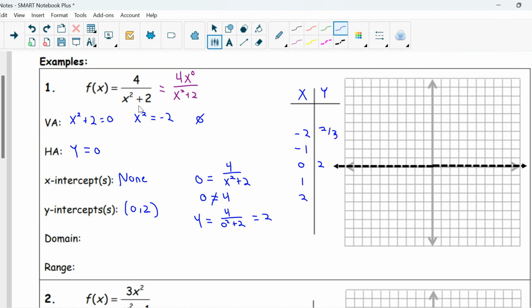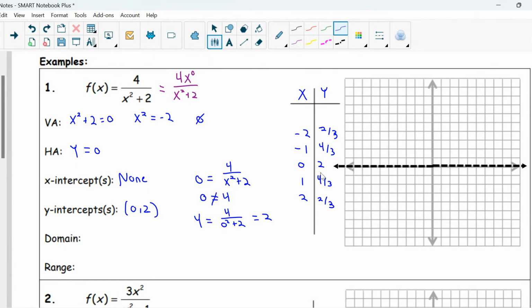-1 squared is 1, plus 2 is 3. So that's going to give me 4/3. And actually, since we have x squared in our denominator, we are going to be the same in the positive direction. Okay, now I'm going to go ahead and graph these points.